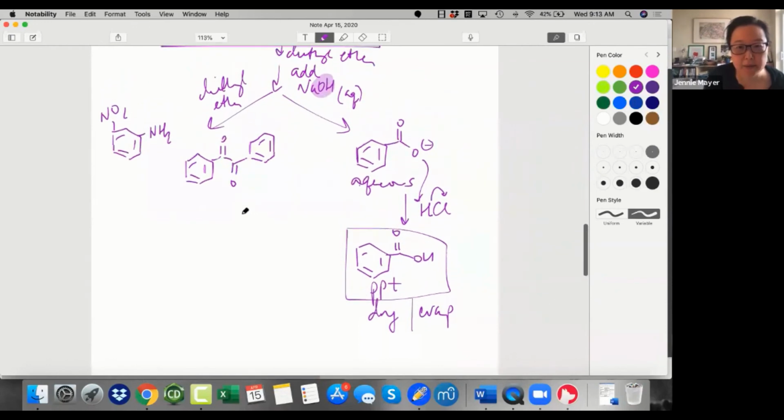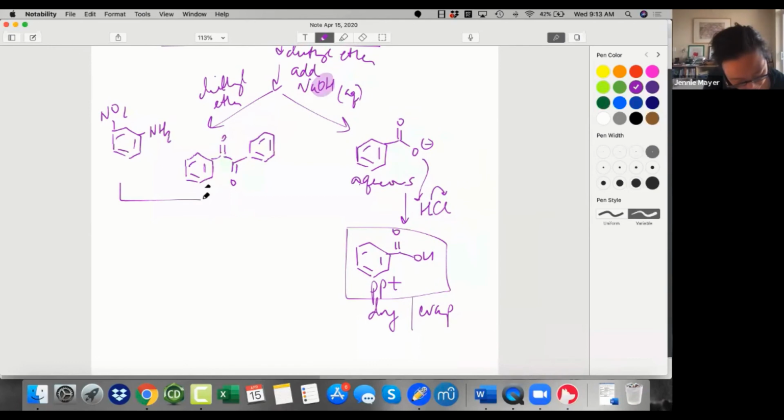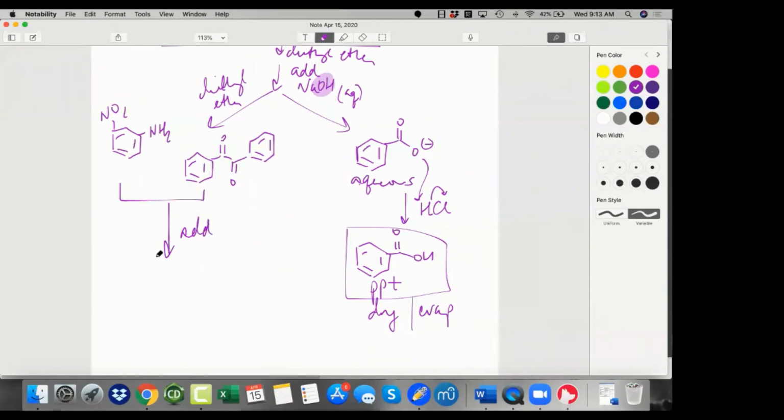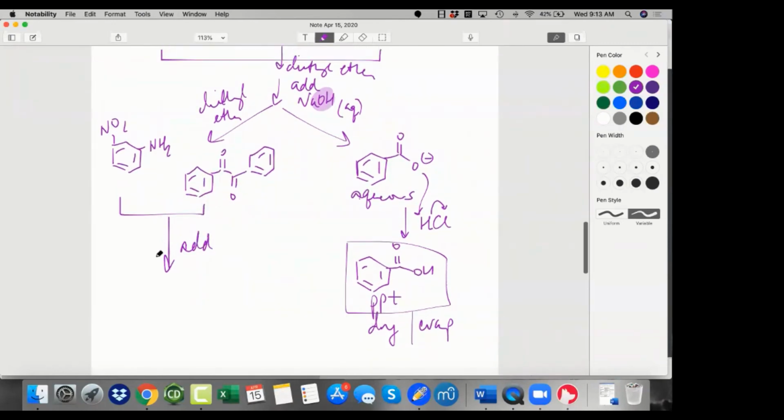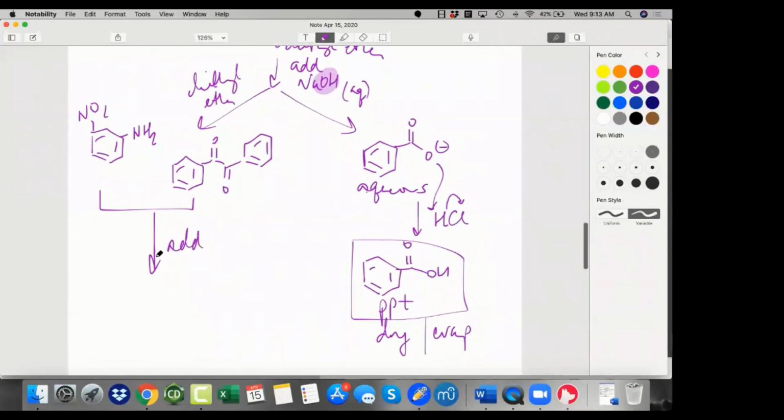Okay, so then over here, how would I separate these two? This is where I would add, what should I add here? Acid. Acid, thank you. Yeah, exactly.